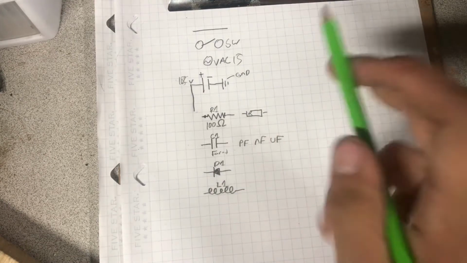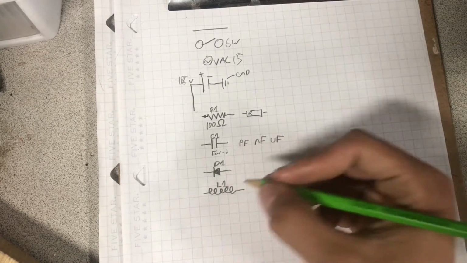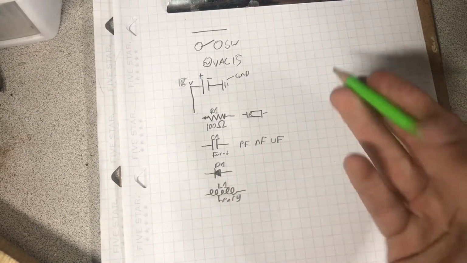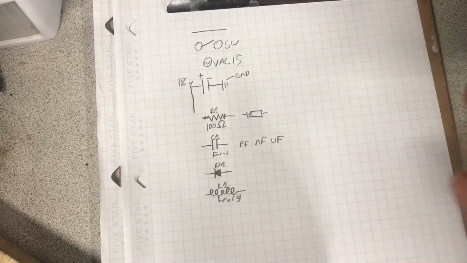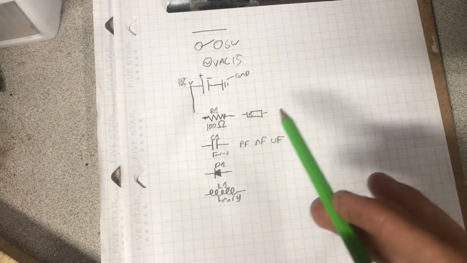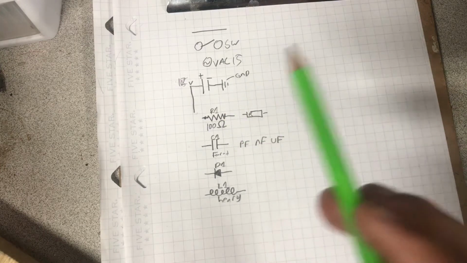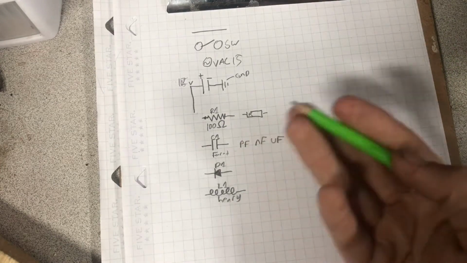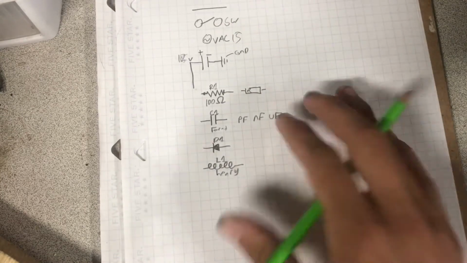These are measured in something very interesting. It's called Henry. Usually small inductors you're not going to measure in Henry. It's going to be in microhenry, millihenry, whatever. Let's see, what else is there?